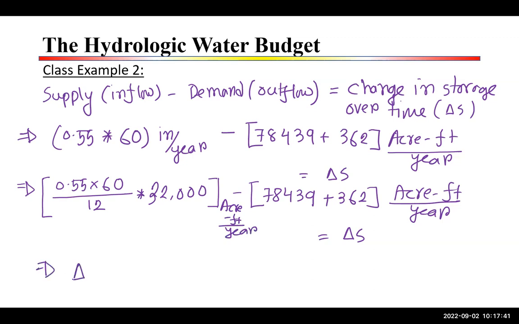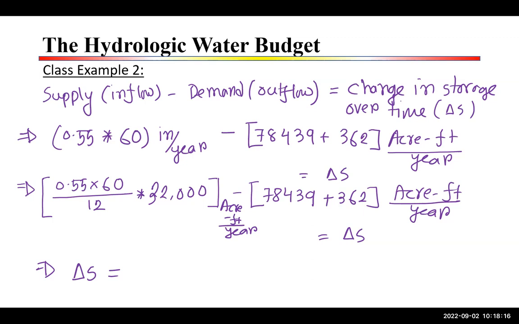Now let's check if we can get delta S as a positive or negative number. Okay, so give me the number. Give me the very final number. I don't need the individual supply and demand. I got something around 9,000, not exactly 9,000, but something close to that.